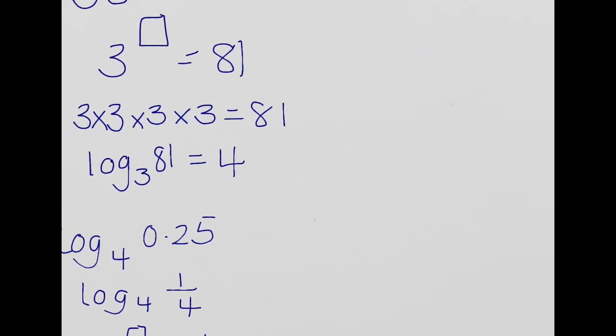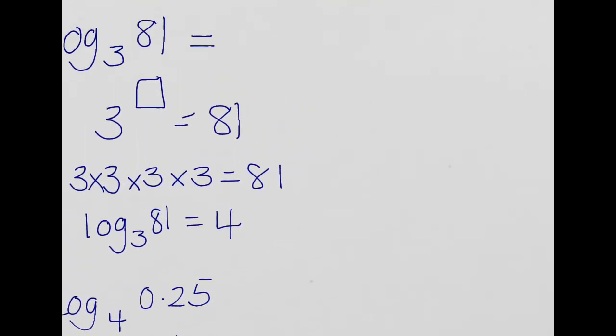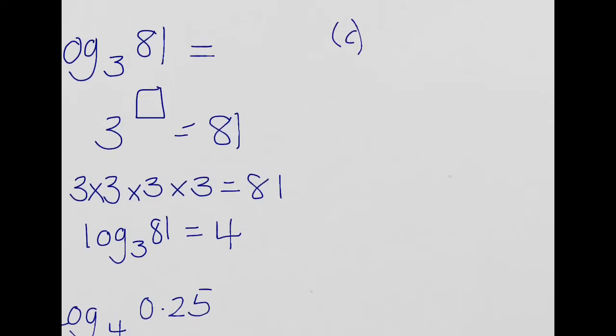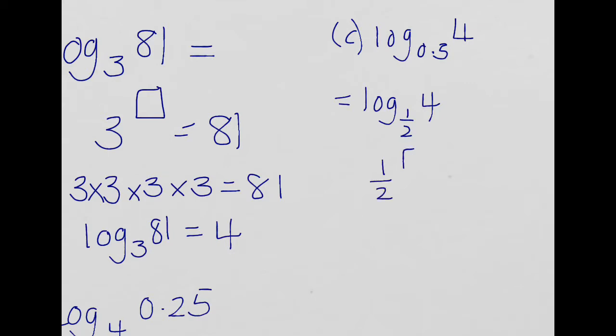So C, keep going. C is log of 4 to the base 0.5 is what I'm working out. Again, I'm going to write this in terms of fractions. I'm never sure whether it's going to help, but it helps me, I often find. So I'm doing a half to the power of something is 4.